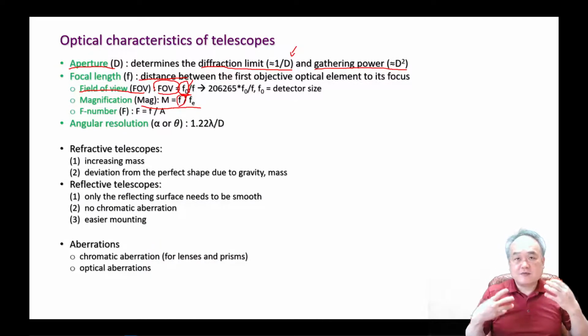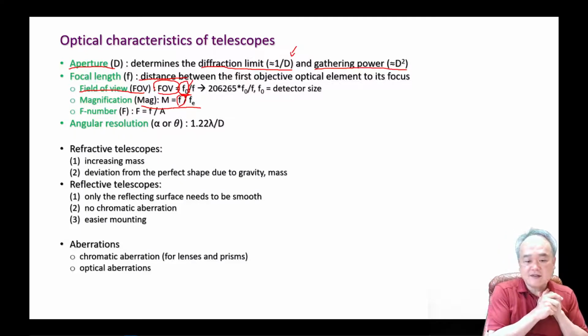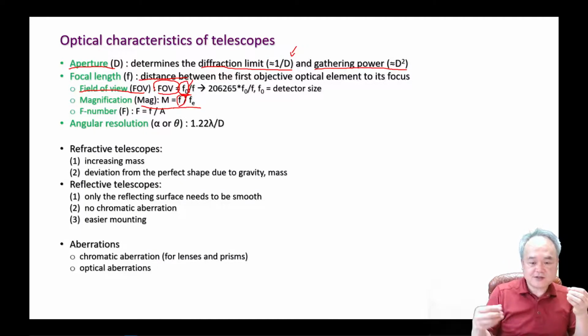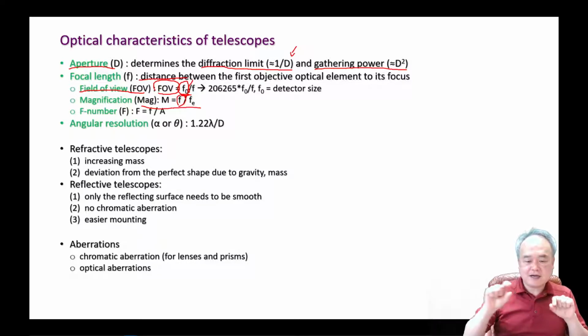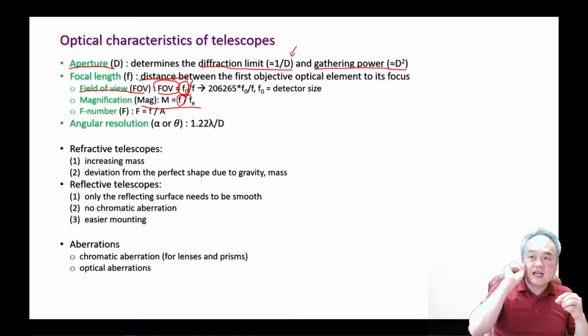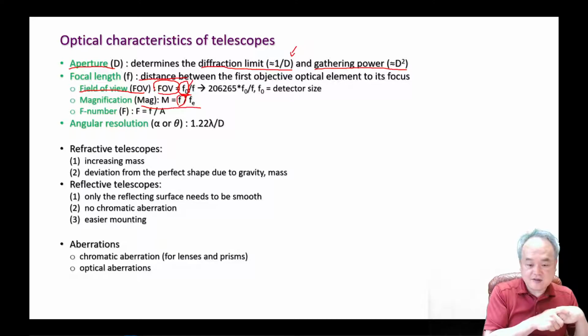So oftentimes for the hobby astronomical telescope, there is a series of different lengths of eyepiece that comes in. So when you want to use higher magnification, you use the short version of the eyepiece. Okay?